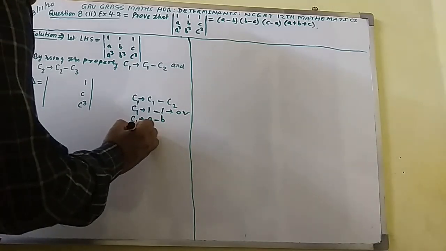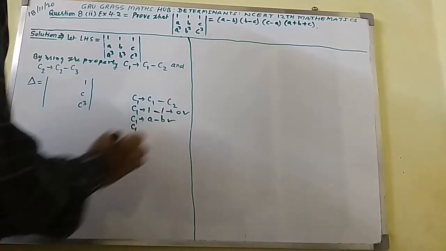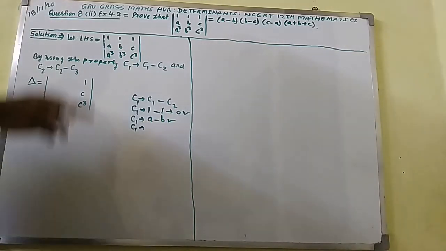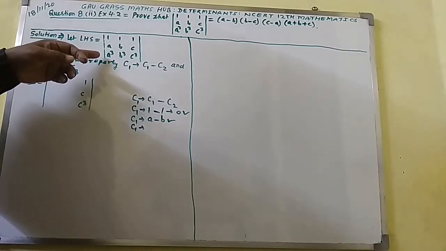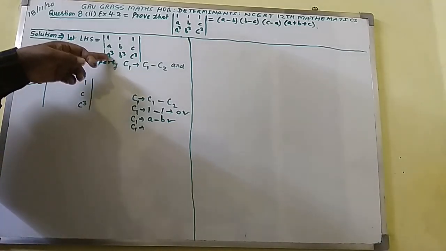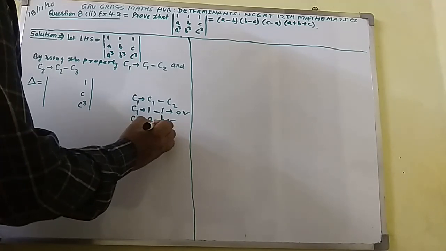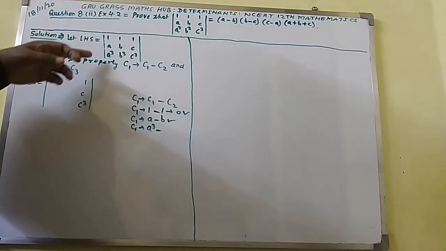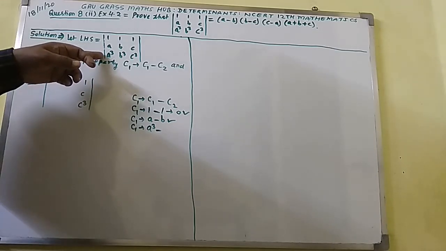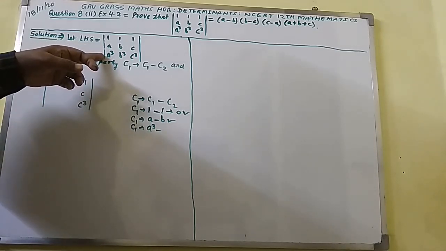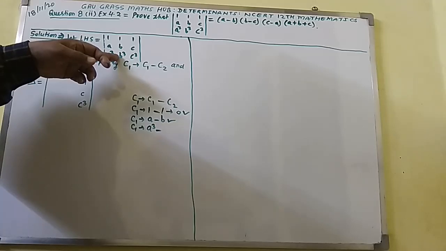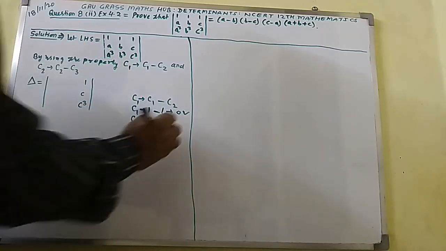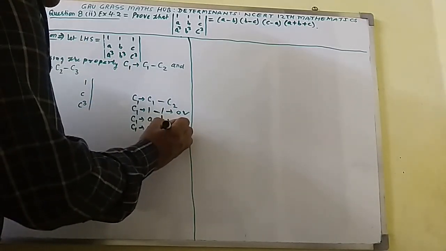And again, if I take the element of C1 as a cubed, write a cubed minus the corresponding element of the second column, which will be b cubed.